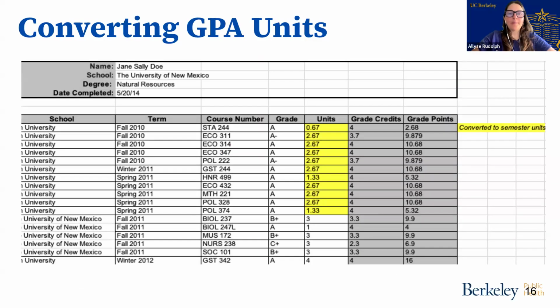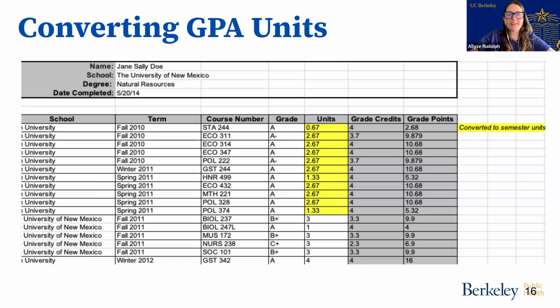Here's an example of how you can do that. There are different ways that folks do it. You can do some quick Excel equations in here, or you can do the math separately, but you just want to go in and enter the actual units in semester units.